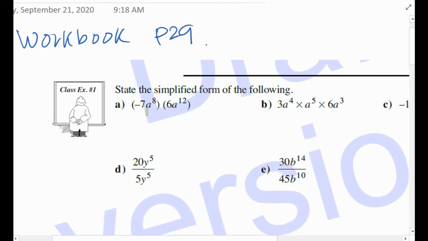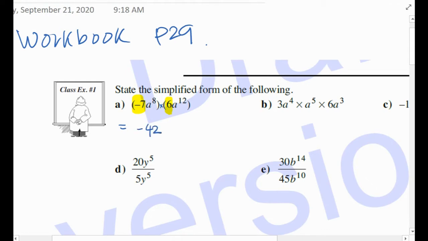Here you're going to multiply a power and a power. So when you do this, you have to look at the numbers first. So you have -7 and +6. And remember that a multiplication sign is hiding here. So you're basically multiplying -7 and 6. -7 times 6 is -42.